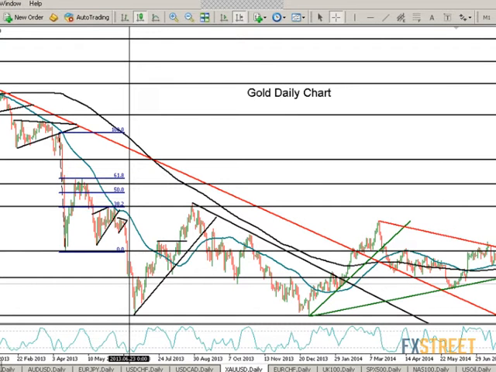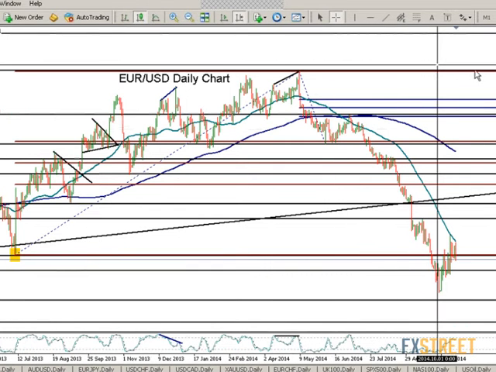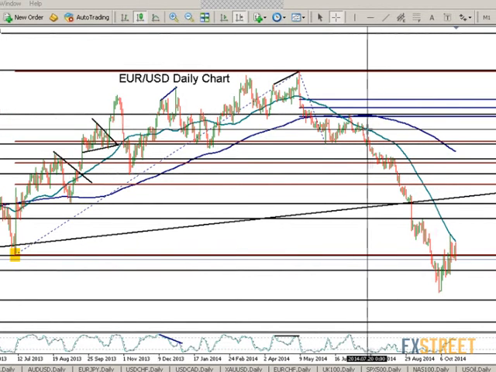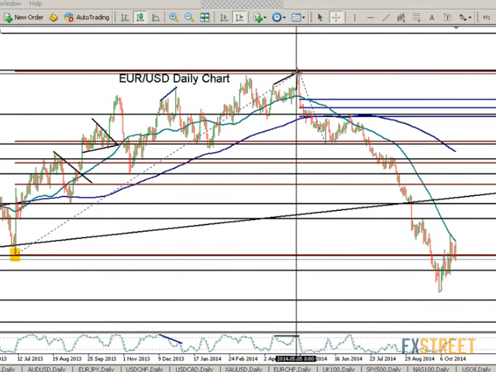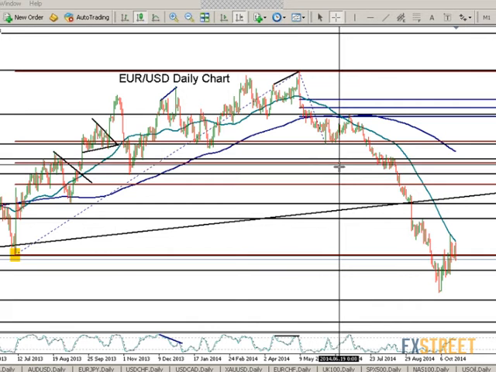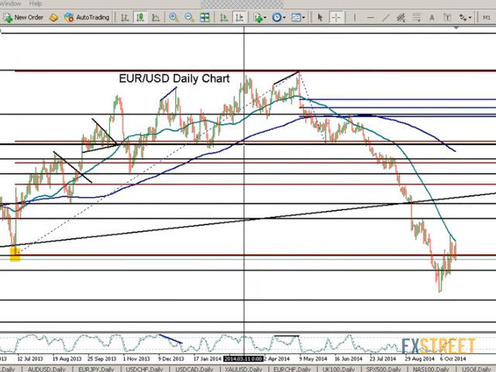So, for example, using support and resistance, and I show this all the time, take a look at the euro dollar. We see this move to the downside from that high up there. It moves down to the 135 level, which was strong prior support and resistance.